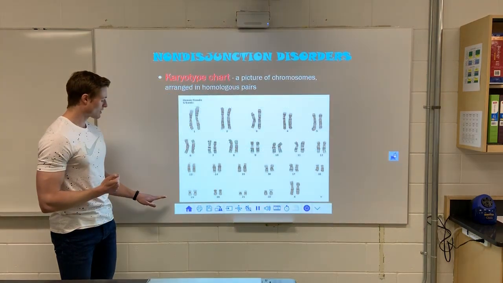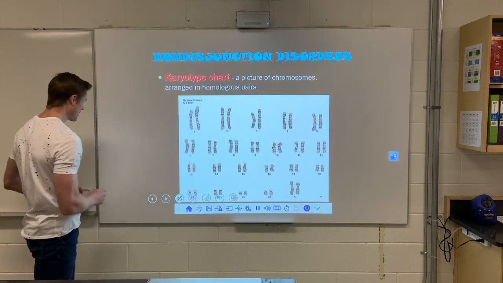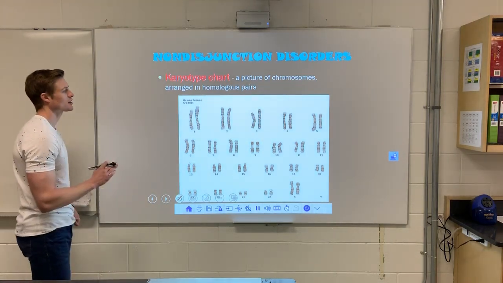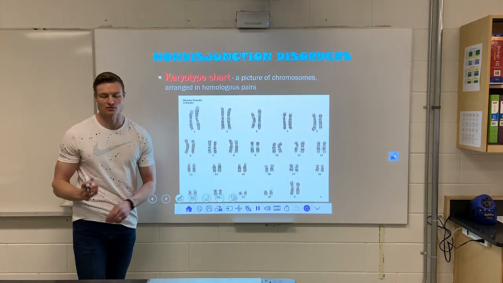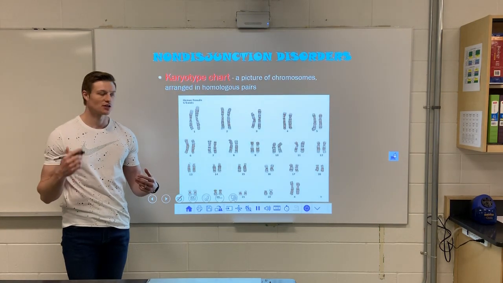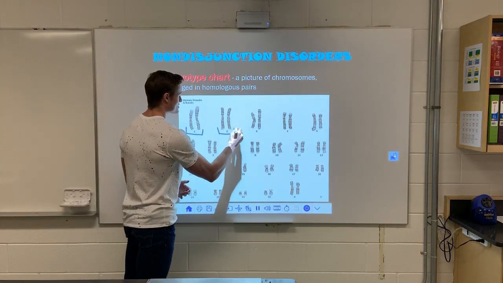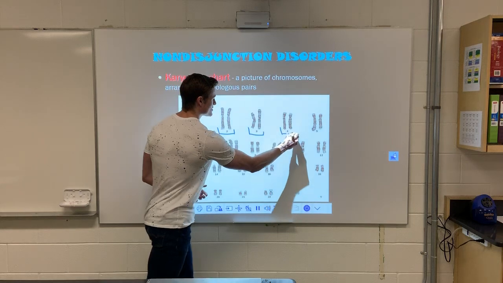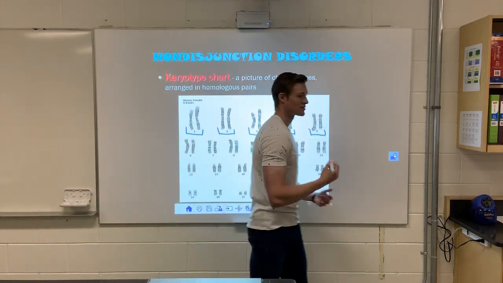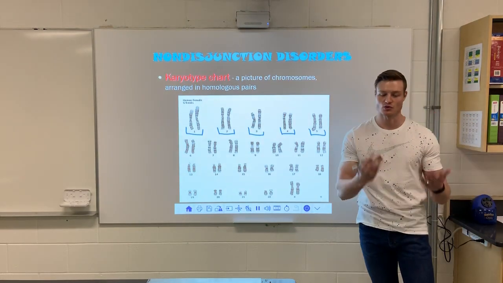Now, this is what we call a karyotype. A karyotype is essentially a snapshot or a picture of your chromosomes, and they're always arranged into homologous pairs. I like to think of them as seats on a bus. There's seat 1, seat 2, seat 3, seat 4, seat 5, and so on and so forth. So there's 23 seats on the bus that is your cells.